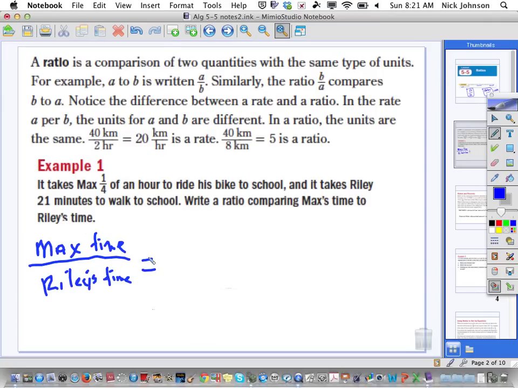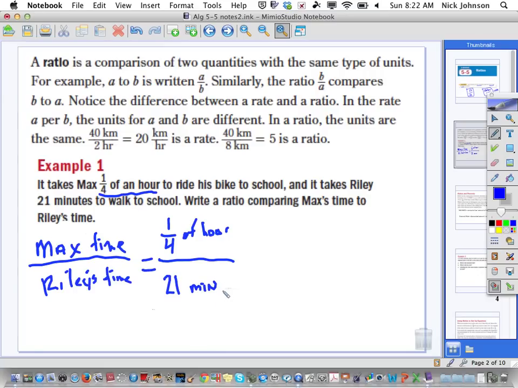Okay, that equals, well, how long does it take Max to ride his bike? It says it takes Max 1/4 of an hour. Okay, it takes Riley 21 minutes.